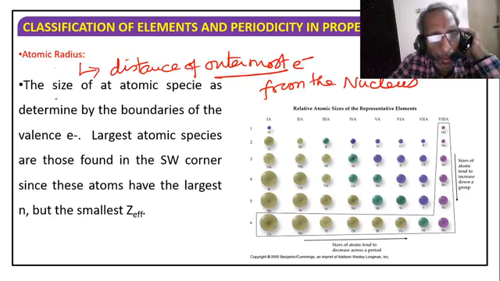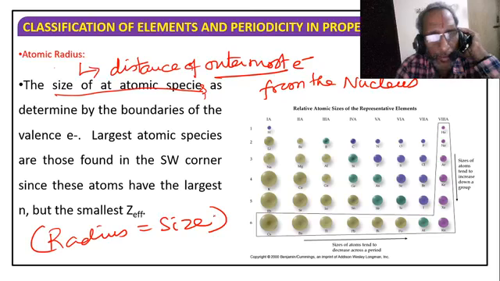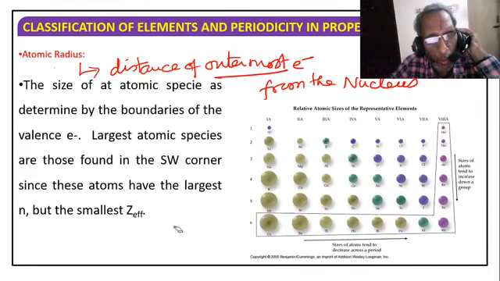The other name for radius is size. Radius and size both mean the same here. Radius of the atom or size of the atom, they reflect only one parameter. The size of the atomic species is determined by the boundaries of the outermost electron, the other name for which is valence electron. Larger atomic species are found in the southwest corner.